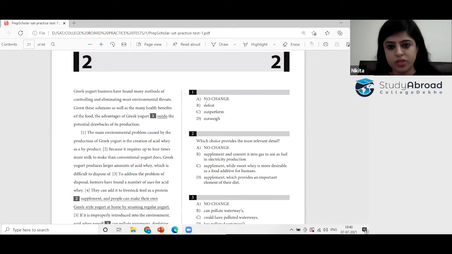So the elimination process says, get your reasons ready. If you are eliminating A, then what is the good reason behind it? Same with B. Say you are very confident that B doesn't make any sense as per the context. What do I mean by as per the context? That means what makes sense over here. You are confident to eliminate B. Then you read C and you feel like it might also be the right answer. Then you are going to keep this question on hold.